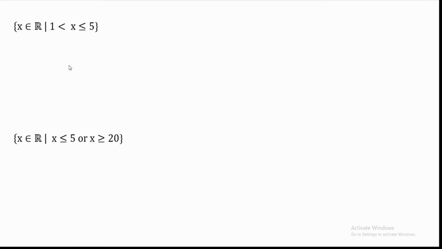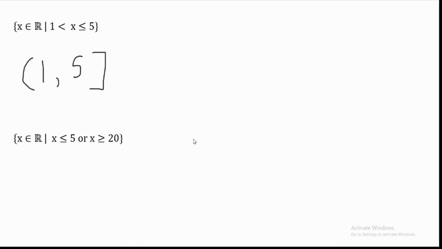Now this is a good reminder to recall that the open bracket means less than, it does not have the equals, so we can put 1 here. But when we have an equals in there, we have to use the square bracket like this. So x is between 1 and 5, however 1 is not included but 5 is.